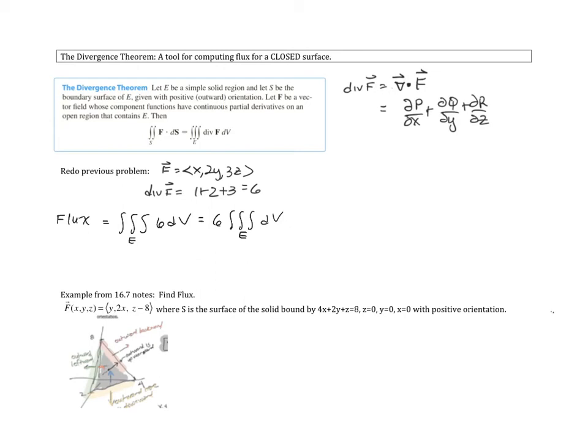So a shortcut way of doing that triple integral is 6 times the volume of that cube. That cube is 2 units per side, so that's 2 times 2 times 2, 8. 8 times 6, 48. Much quicker than the way we just did it.